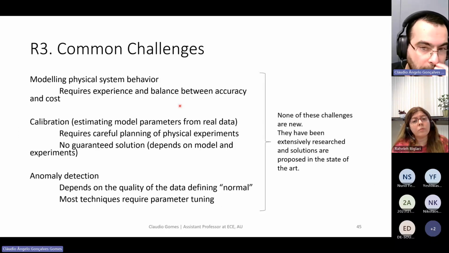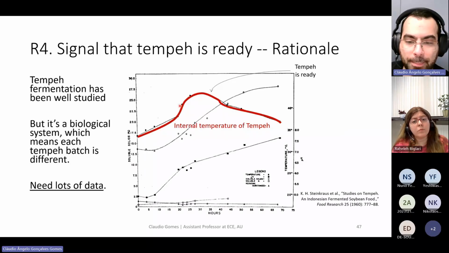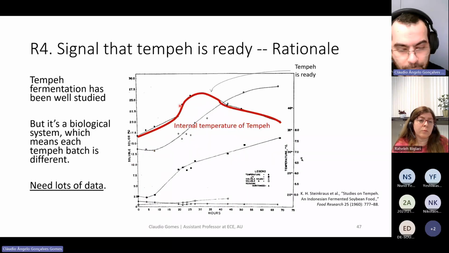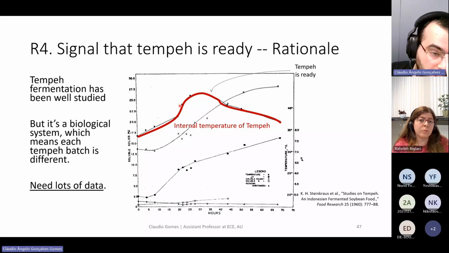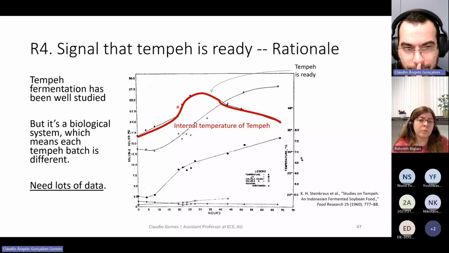So I'm not going to go over the challenges because time is running out. I just want to move on to the next requirement, and I'll come back to the discussion of this previous architecture. If we focus on trying to measure that the tempeh is ready, there is evidence.